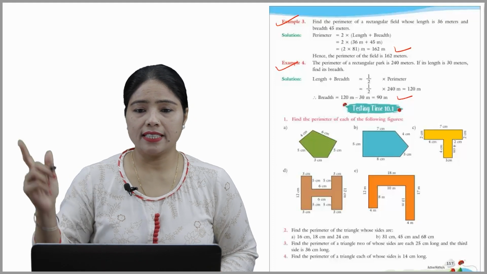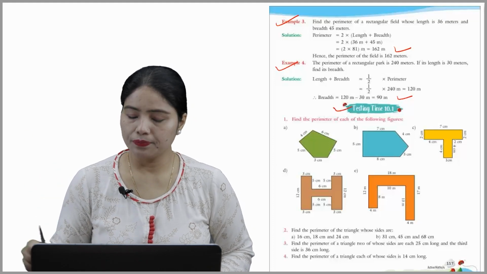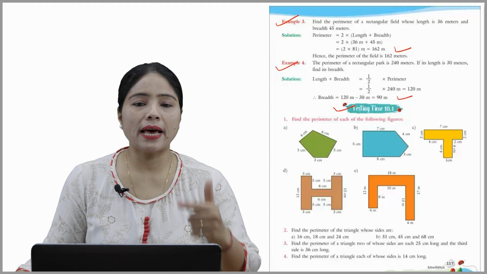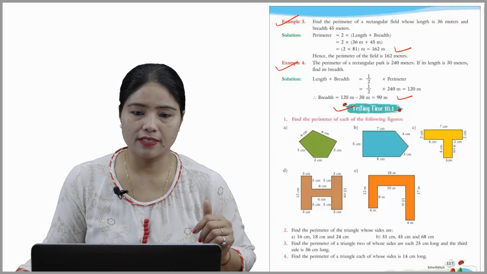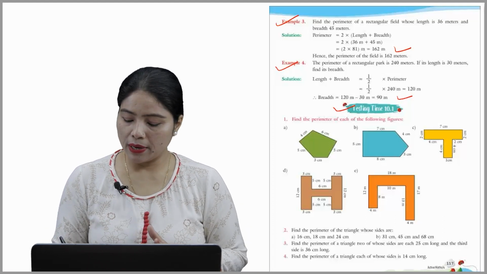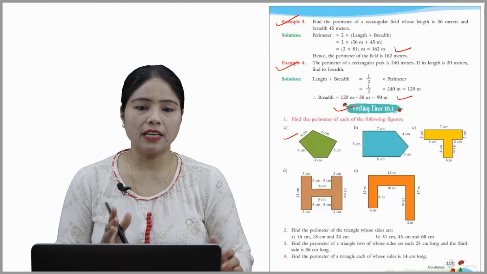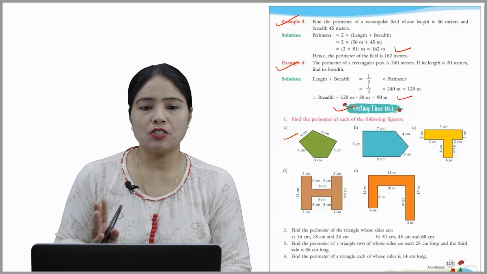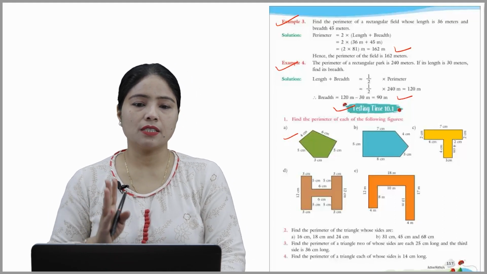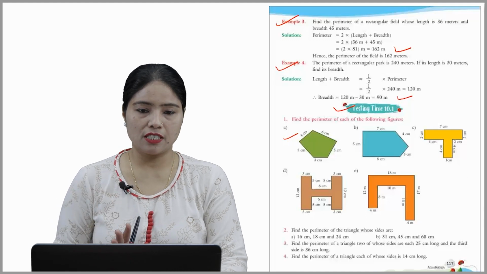Now move on, exercise 10.1. Here it is given, find the perimeter of each of the following figures. So this is the figure, how many sides are given in it? 4 centimeter, 6 centimeter, then 5 centimeter, 3 centimeter, then 5 centimeter.